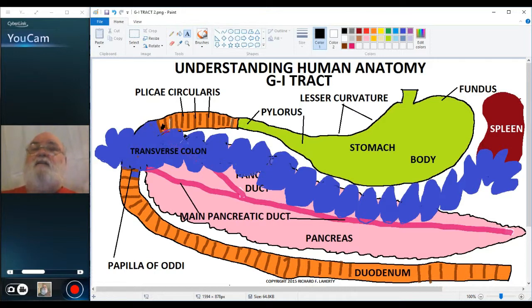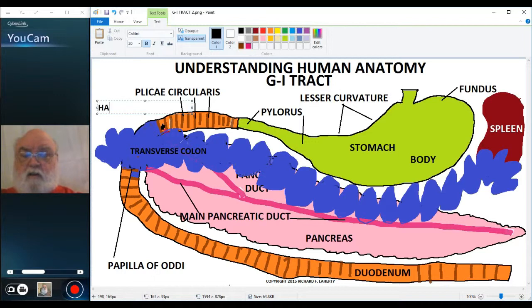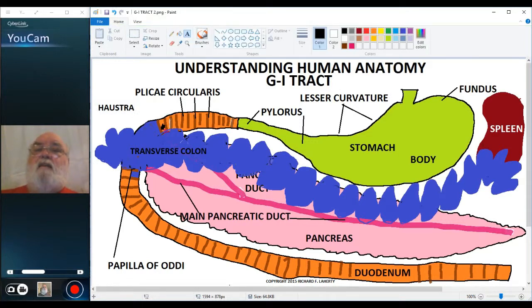And again, let me point out that these sacculations are called haustra. And they are a normal outpocketing of the large intestine that we see is helpful in identifying the large intestine.